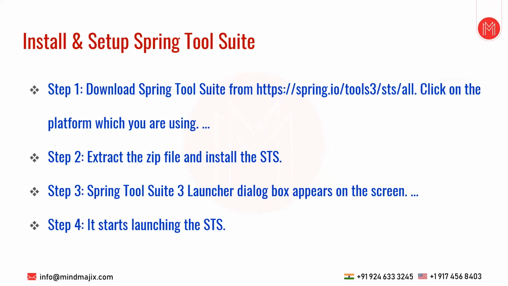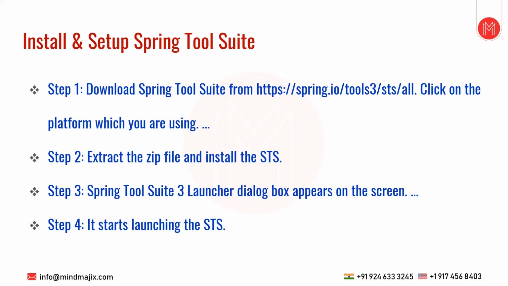Here also it's very simple. You don't need to bother about the Spring Boot project prototype. So what are the steps we need to follow? The first step is to download Spring Tool Suite from the following link, and there you click on the platform which you are using. The second step is to extract the zip file and install the STS IDE. The third step is to launch Spring Tool Suite.